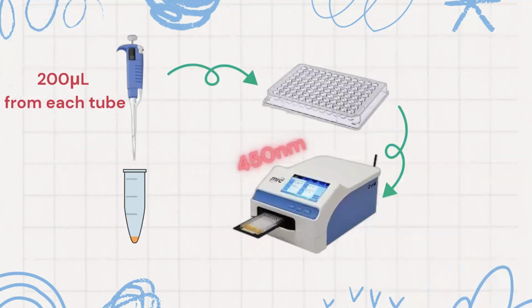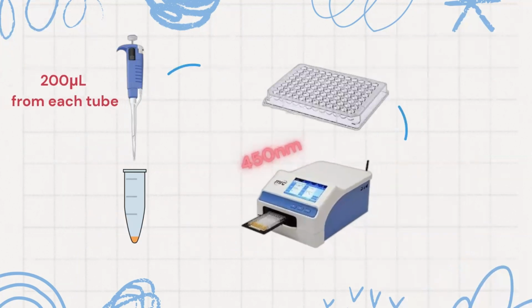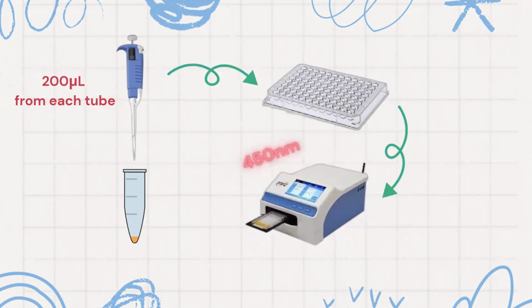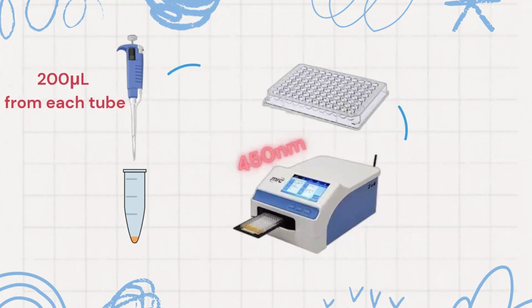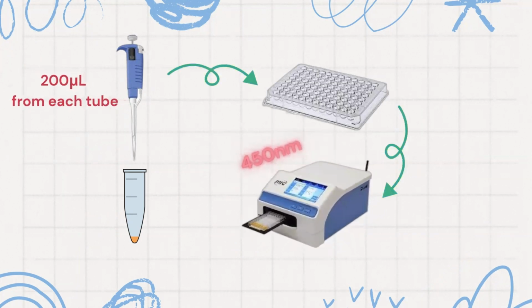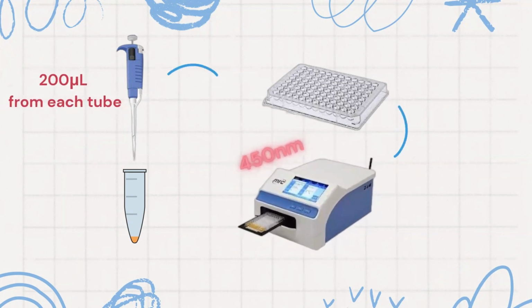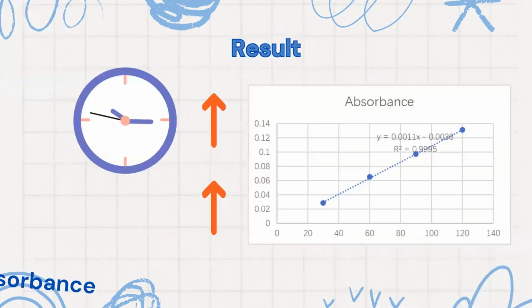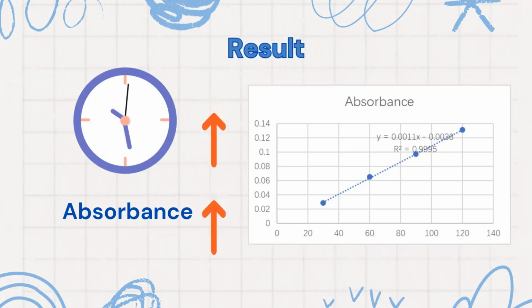After all operations according to the table, pipette 200 microliter from each tube to the wells of a 96 well plate and measure the absorbance at 450 nanometer. Meanwhile, a brief description of the experimental results is given here.